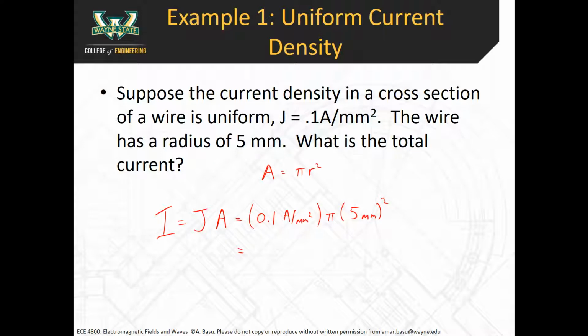This is actually a nice, easy example. So you end up getting millimeters squared in these units here, and you have 1 over millimeter squared here, so the units cancel out nicely. So you get 25 times 0.1, so it's 2.5 times pi amps is the total current. All right, so this is a very simple problem.